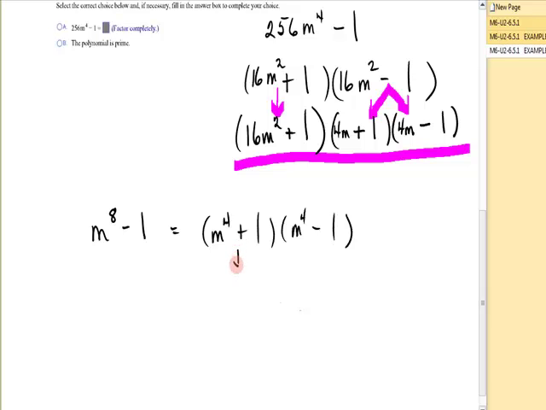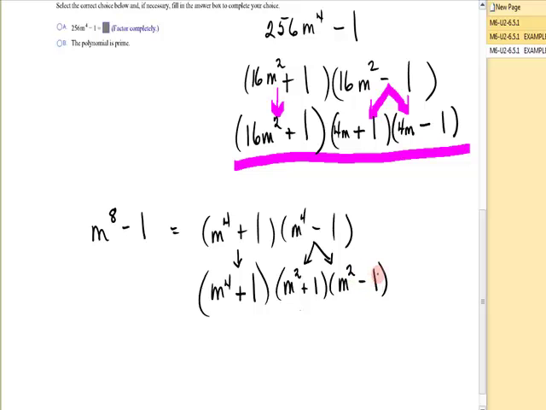Well, this is done. M to the 4th, it's done because it was a plus. But this factor is still the difference of squares. So I can factor it into m squared plus 1 and m squared minus 1, because the square root of 1 is 1 and 1 continues to be a perfect square.